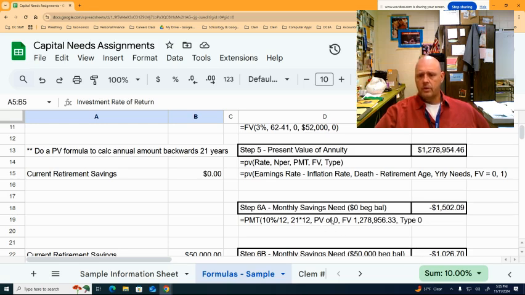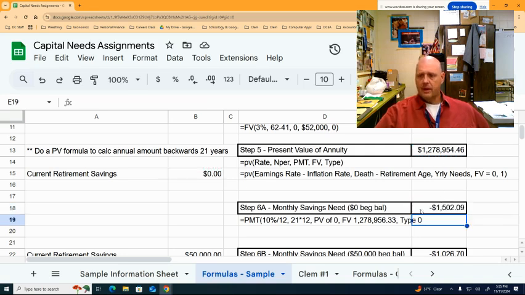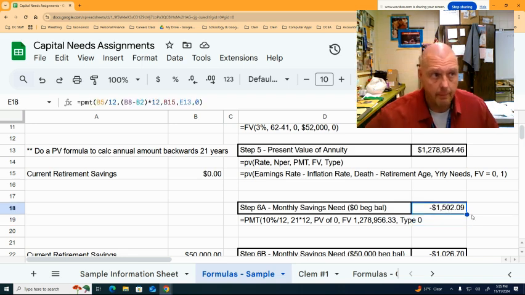Present value of the annuity, right now we don't have any money, right? So present value is going to be 0. Future value is going to be this number here that we solved, the 1.278 number. And again, our type is going to be 0. I wrote kind of formulas in formulas. The math I got going on is we need to put away about $1,500 a month.